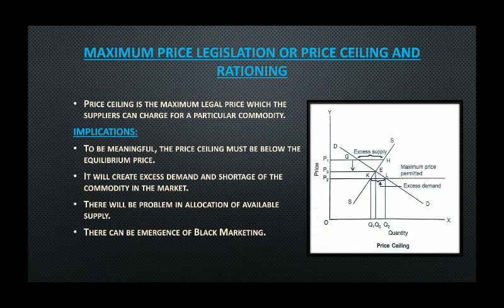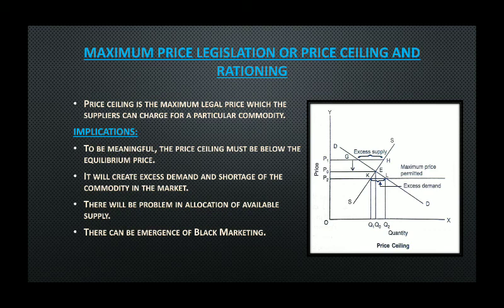Why so? This is because some consumers may be willing to pay a higher price to get extra quantity, because government fixes the quantity as well in ration cards. So in order to get more quantity, they are willing to pay a higher price. And at the same time, producers are always ready to sell at a higher price to gain more profit.